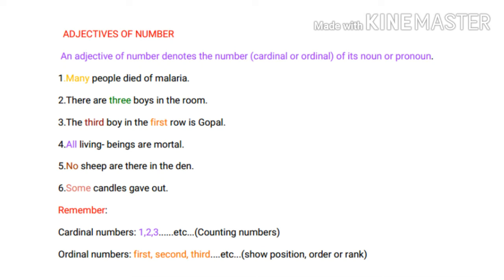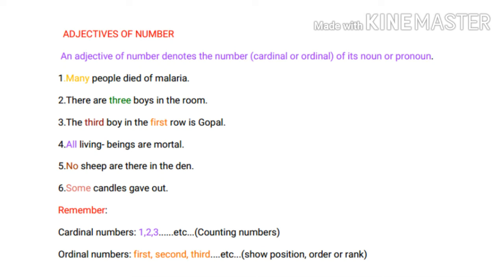Look at these examples. Many people died of malaria. Here, many denotes an indefinite number. We do not know it exactly. Still, many refers to a number. There are 3 boys in the room. Three refers to a definite number here.